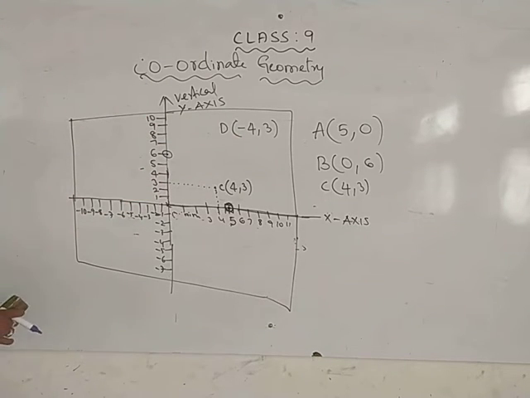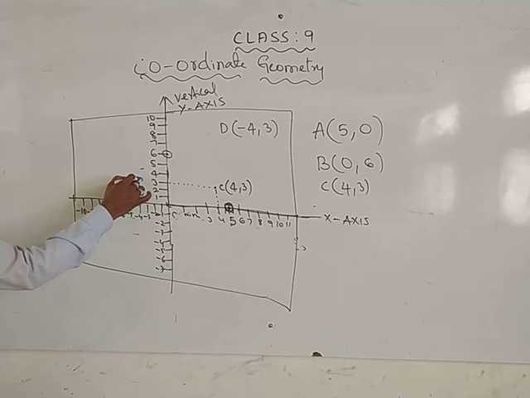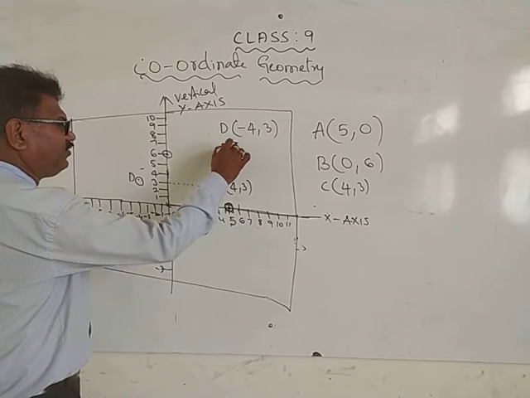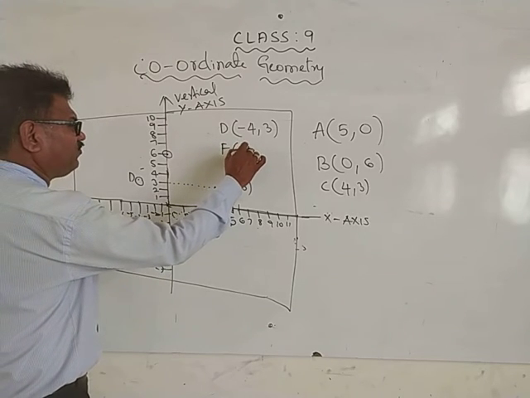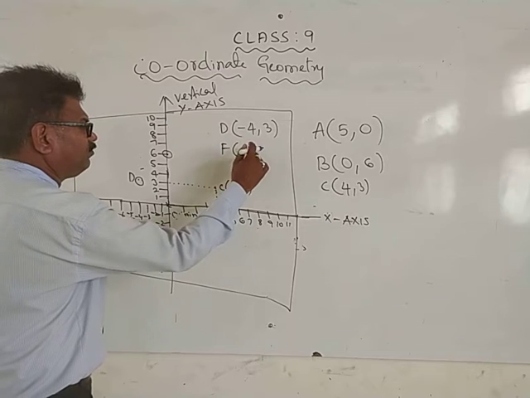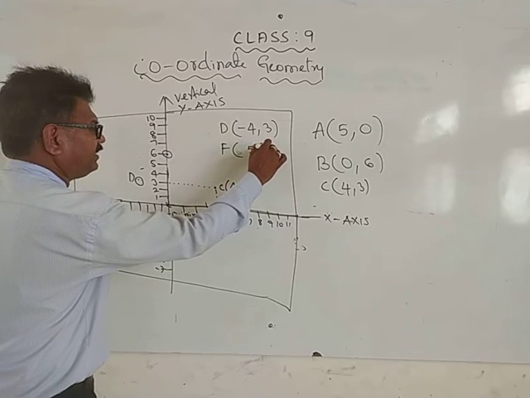Now you can take it very simply. D is minus 4: 1, minus 1, minus 2, minus 3, minus 4, and 3. That's all. This is nothing but D. Any doubt?